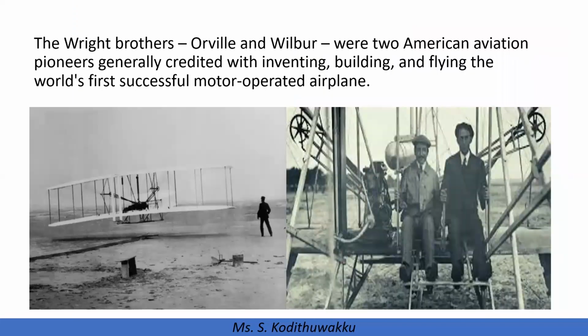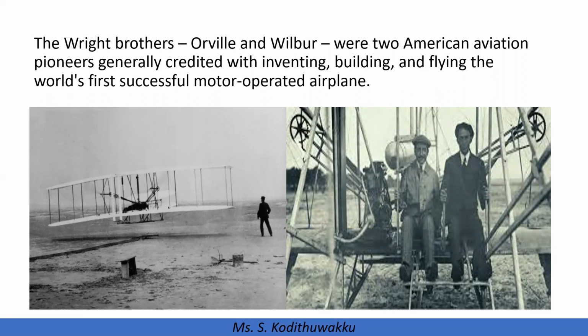Thomas Alva Edison, again another example, right? They did a lot of experiments. The Wright brothers, Orville Wright and Wilbur Wright. At that time, even aeroplanes were impossible. Somehow they tried to develop machinery or an instrument to fly, right?